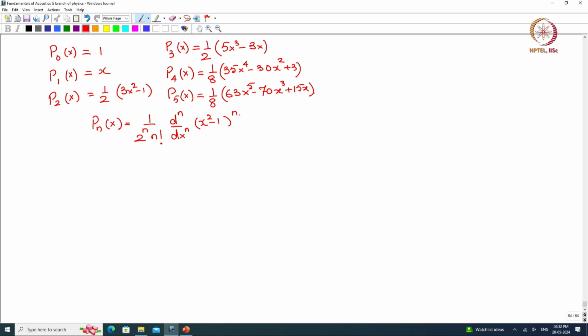Okay. They have an orthogonality relation, which is given by the integral from minus 1 to 1 of Pn of x Pm of x dx is equal to 2 over 2n plus 1 delta nm.